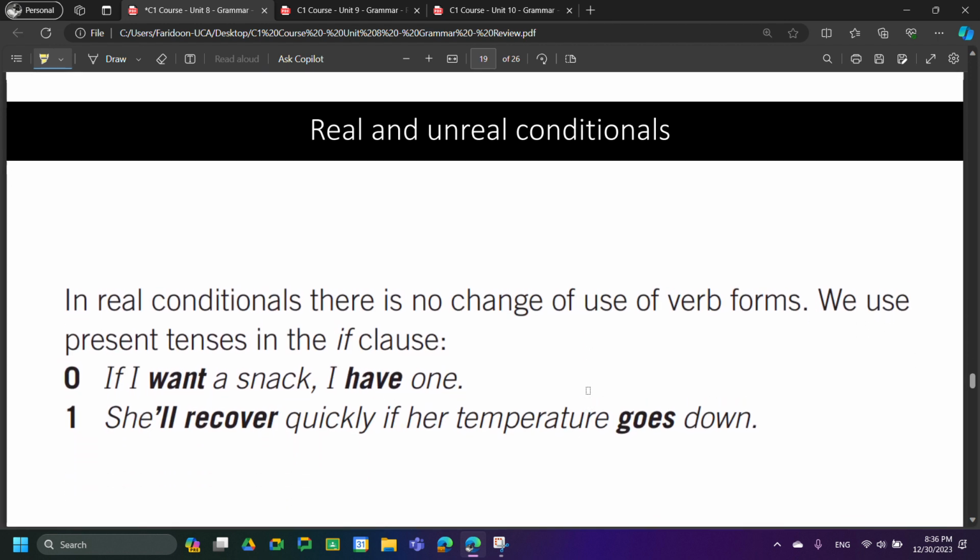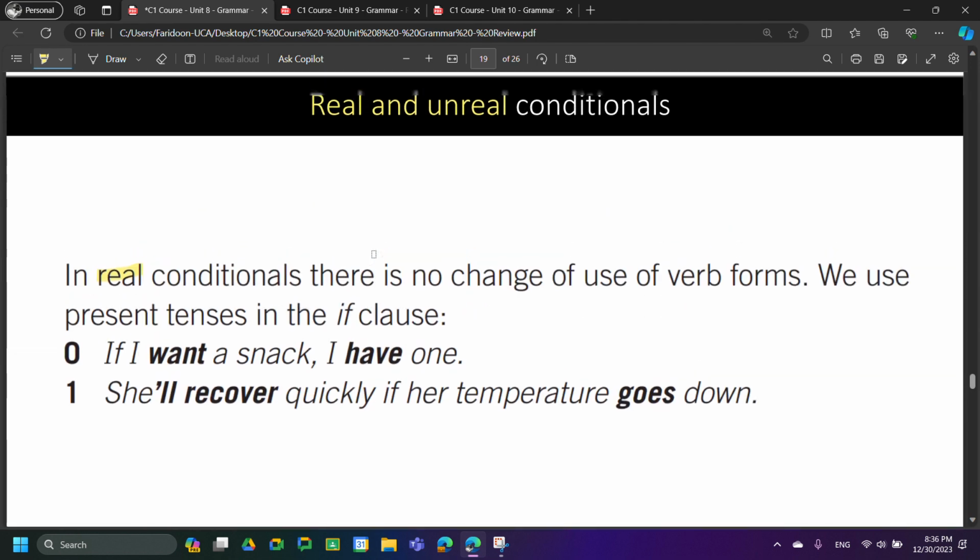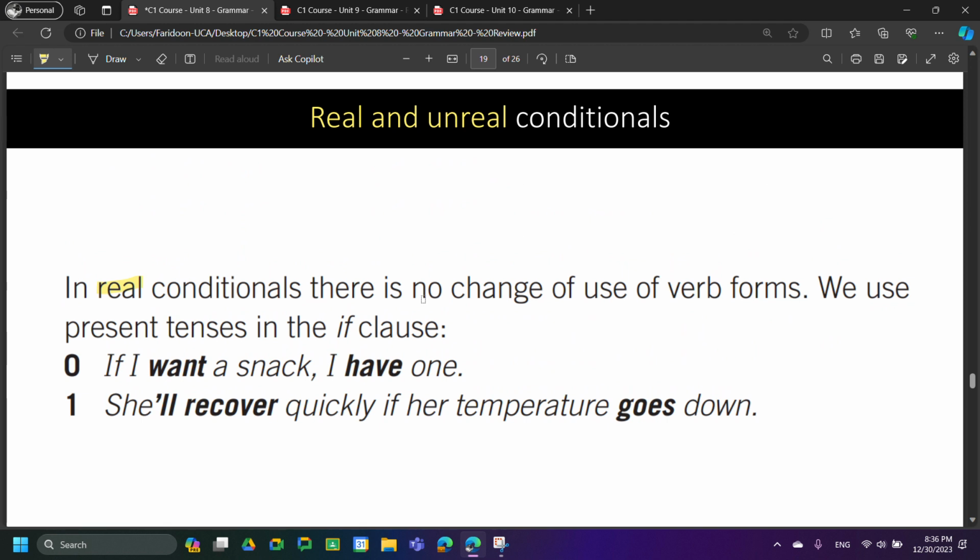Okay. So let's start with the first category, the past and unreal conditionals, okay? So the past and unreal conditionals, of course, the first one will be real itself. We're going to talk about unreal in the next slide, I believe. So in real conditionals, there is no change of use of verb forms, okay? We use the present tenses in the if clauses.